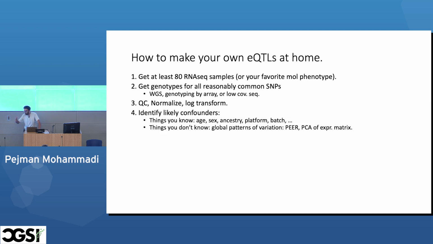You would want to get rid of those to retain power for identifying genetic effects. That's age, sex, ancestry, platform, batch, whatever you think is relevant, and not all of these are always relevant. Some of them you sometimes specifically want to exclude or not. And then you would want to pick up general patterns that you see across your data set, which you could get with PCA or PEER, which is pretty common to do.